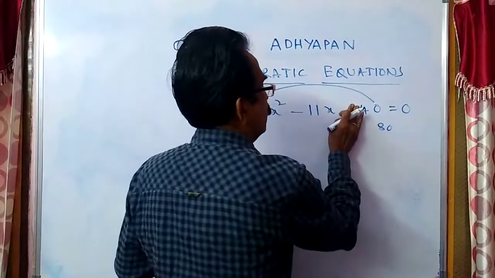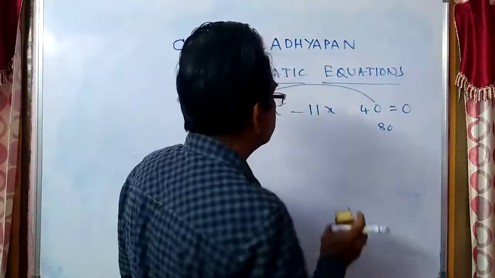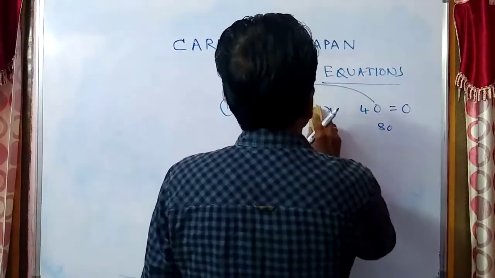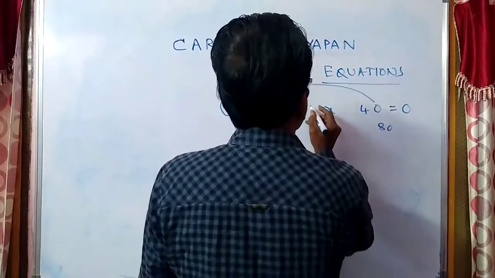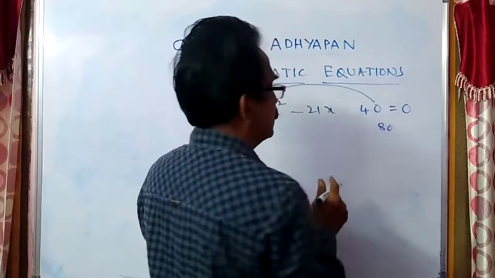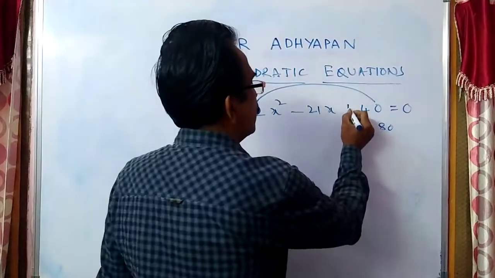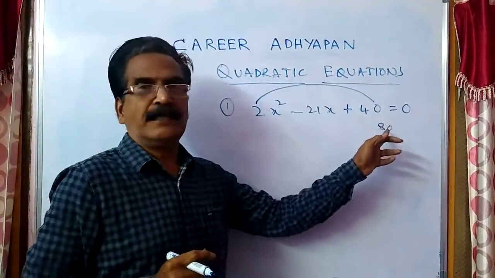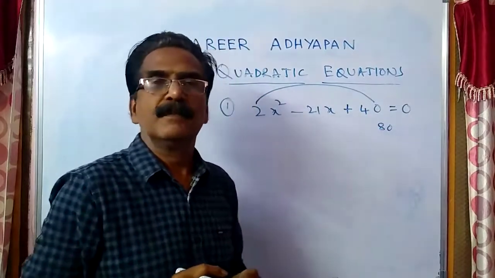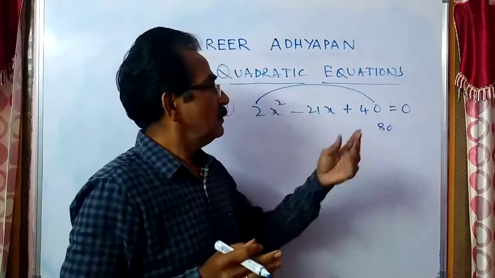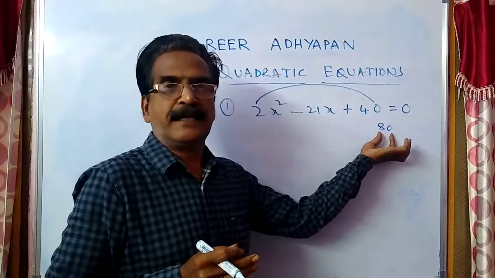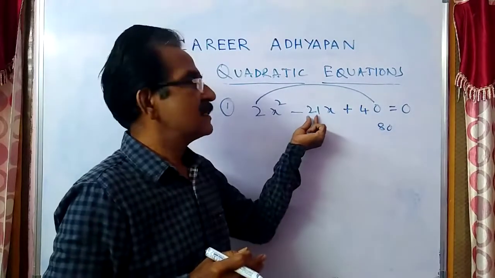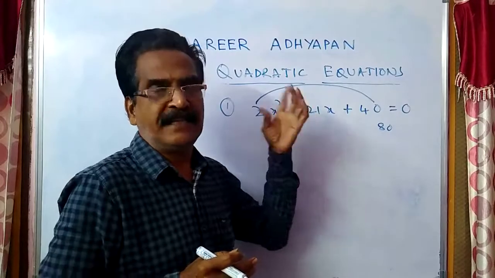Now, the product must be 80 and sum must be 21.